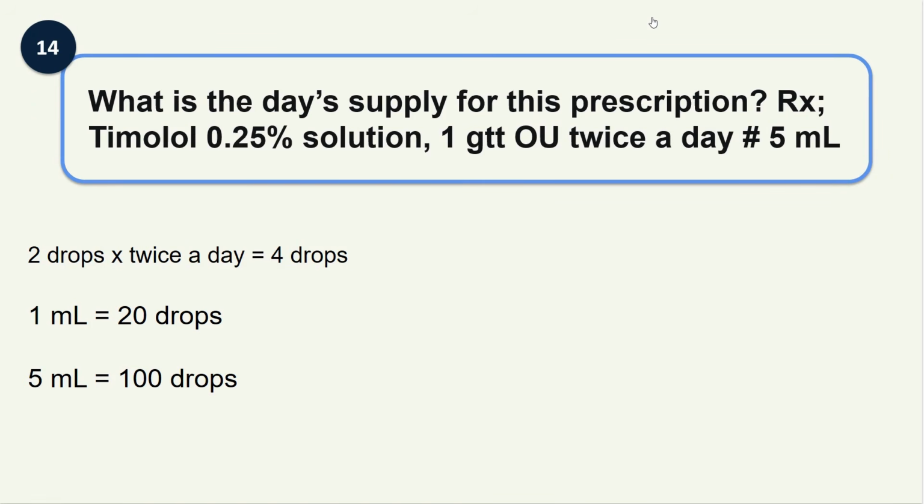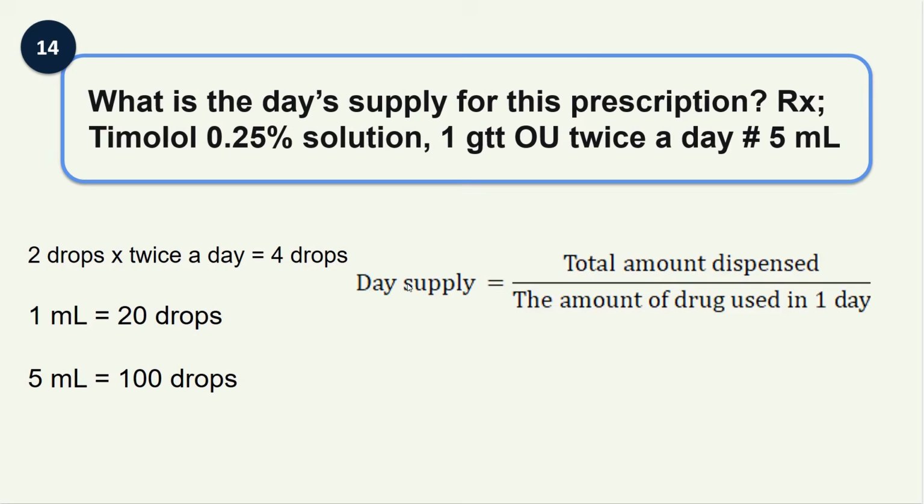So the SIG direction is 2 drops twice a day, so in a day, 4 drops. By default, you should memorize this: 1 mil has 20 drops. So that means here the bottle is 5 mils, so 5 mils will have 100 drops. So basically you have the day supply formula.